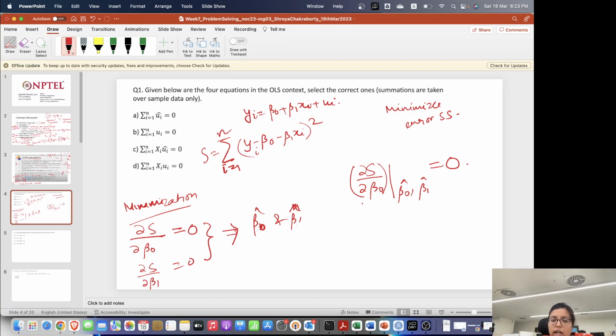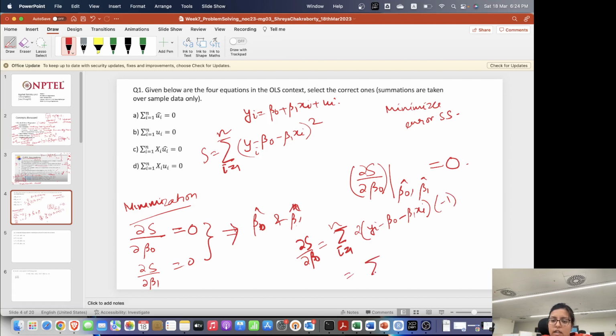So once again we will do del S del beta naught, differentiating with respect to beta naught. So we will have summation i equal to 1 to n, 2 times yi minus beta naught minus beta 1 xi, into the coefficient of beta naught, that is minus 1.